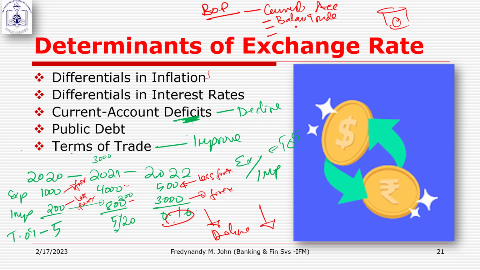Balance of trade is formed by the value of export of goods minus the value of import of goods, and the value of export of services minus the value of import of services.